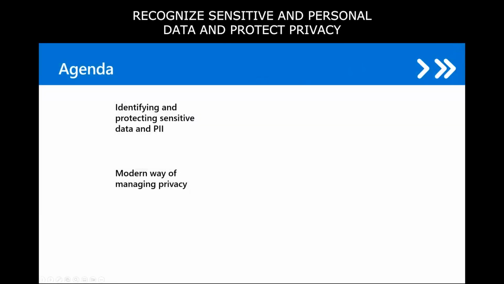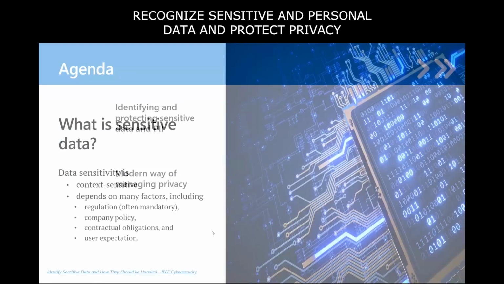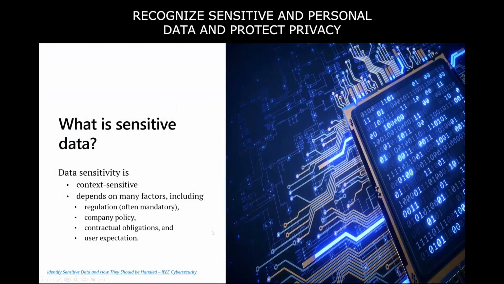So today's agenda, as I mentioned earlier, covers two aspects. One is identifying and protecting sensitive data and also personally identifiable data, which we call PII. The second part is the modern way of managing privacy of that sensitive data or PII data. So what is sensitive data? Let's start with the basics.